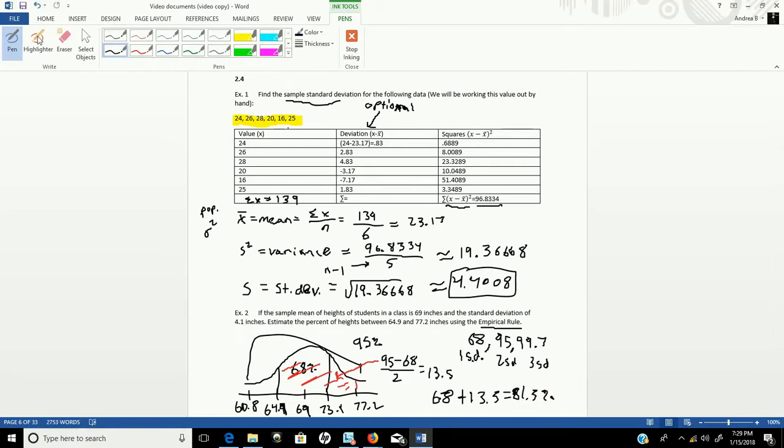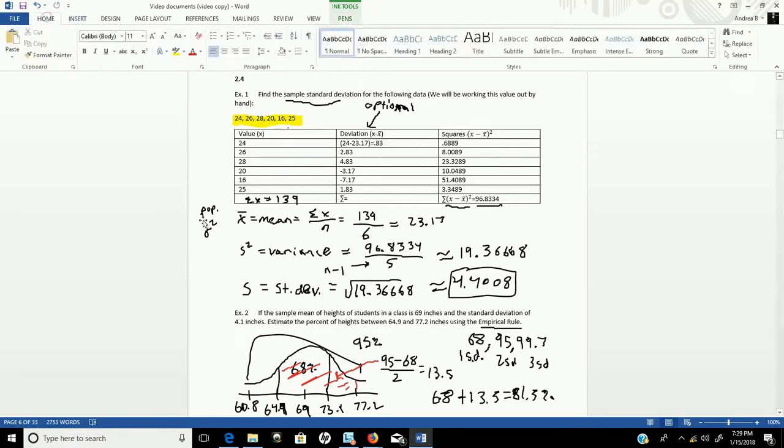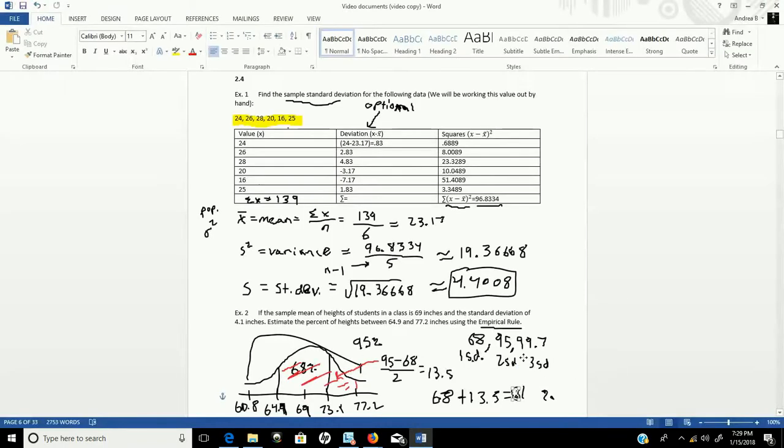Let me type it in there as well, since for some reason I'm not writing real well at the moment here. So I'll type it in here as well, if it will cooperate. For some reason it's acting up at the moment here. I'll insert a text box here.